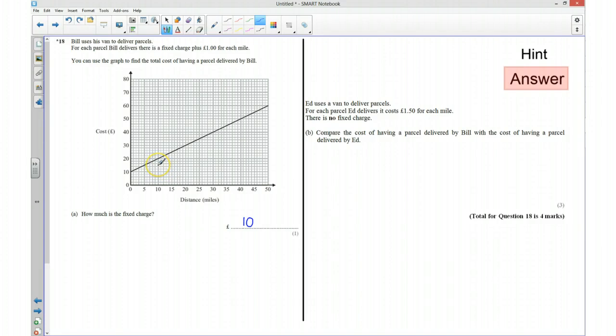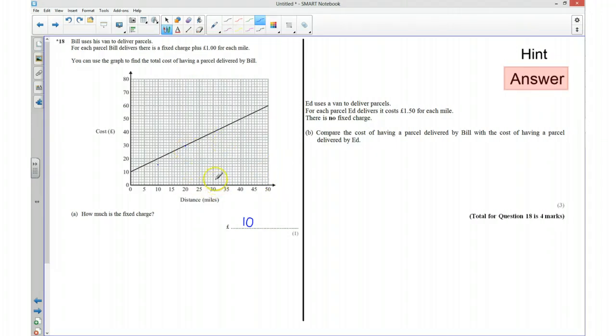which is going to be there. And for 20 miles it's going to be, well, for 10 miles it's £15, 20 miles it's going to be £30, and that's going to be there, and so on.